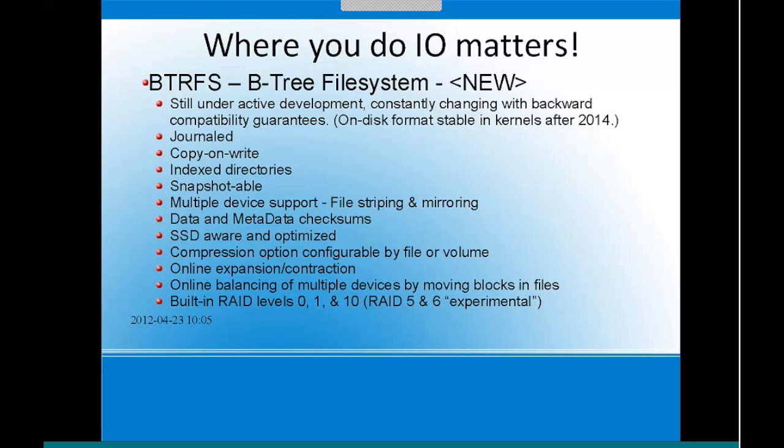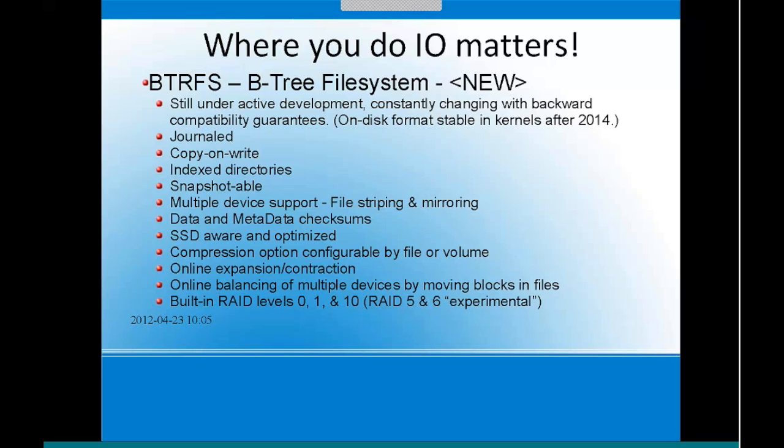The newest Linux file system is Btrfs, or Btree file system. It's still under development, but the disk format is stable as of 2014. So if you have a kernel that was built after 2014, you can use Btrfs safely without worrying that your file system will become incompatible if you upgrade the Linux version.